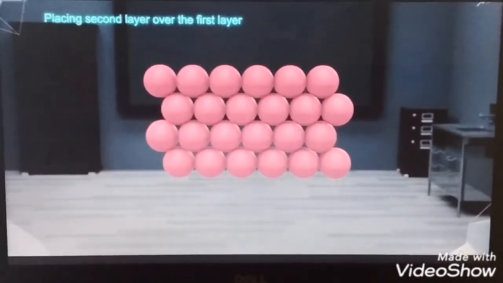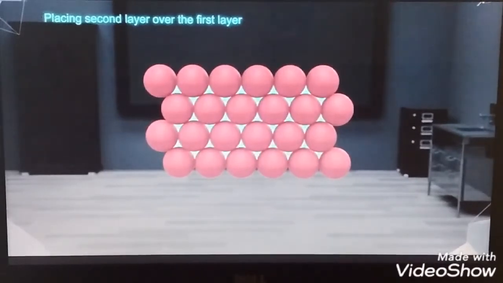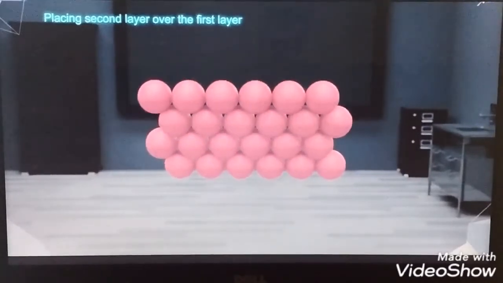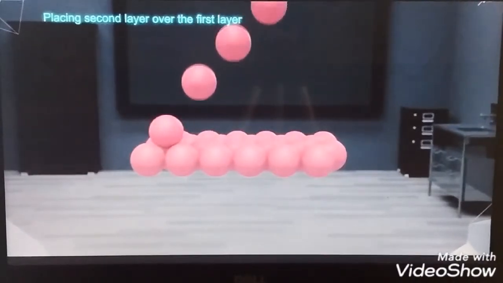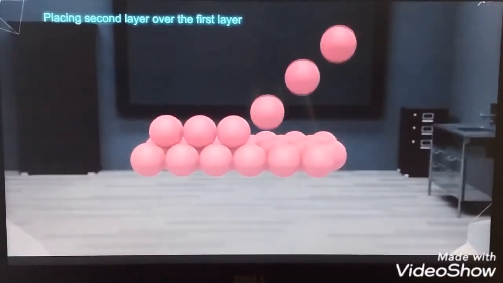Let us take a 2-dimensional hexagonal close packed layer A. Notice that this layer has triangular voids. Place a similar close packed layer in such a way that the spheres of the second layer are placed in the depressions of the first layer.